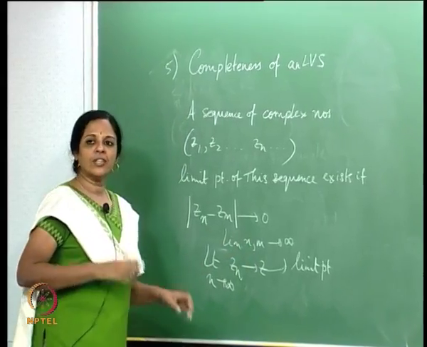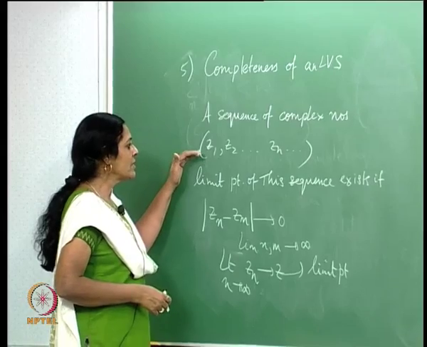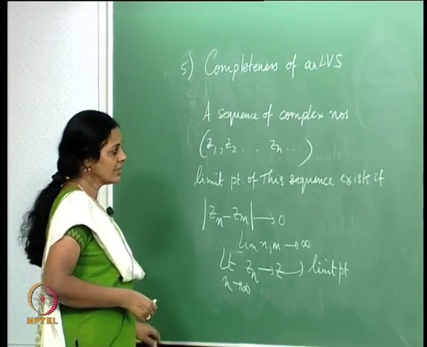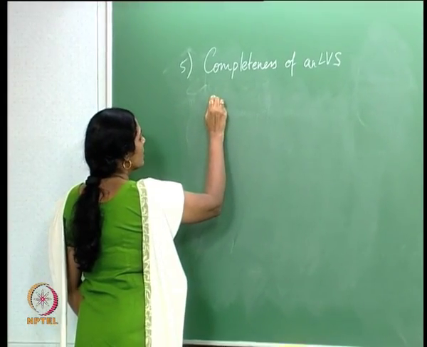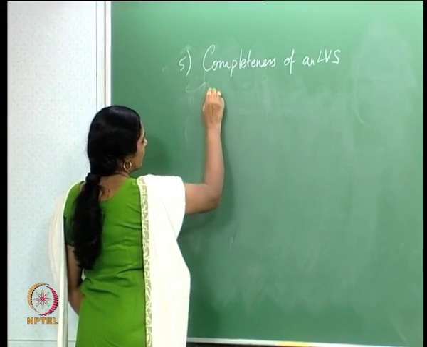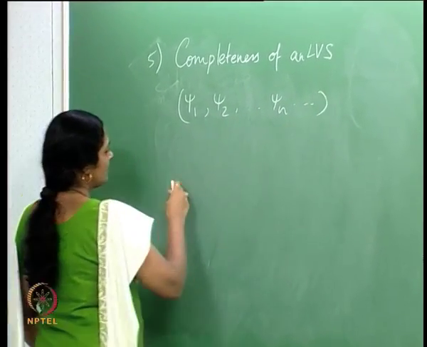Now, when it comes to vectors in the linear vector space, we replace these numbers by vectors, and we have the following. Suppose you have a set of vectors psi1, psi2, psi-n, and so on.